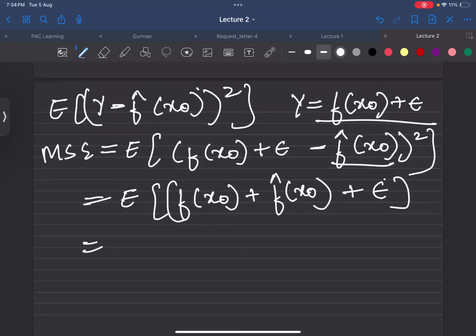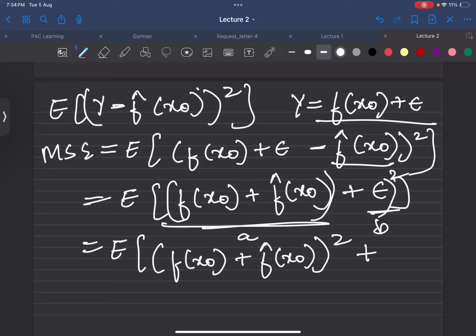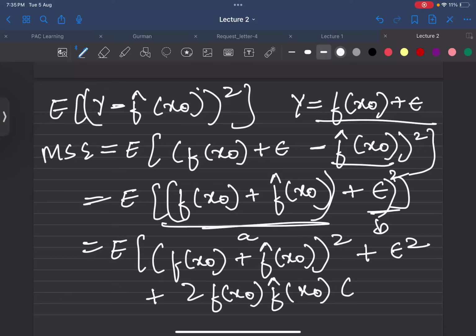Now, can I open the brackets? Square term: a square plus b square plus 2ab. Let me take this as a, let this be b. So let us take it as f x naught minus f bar x naught whole square, a square plus epsilon square plus 2 f x naught minus f bar x naught and epsilon.